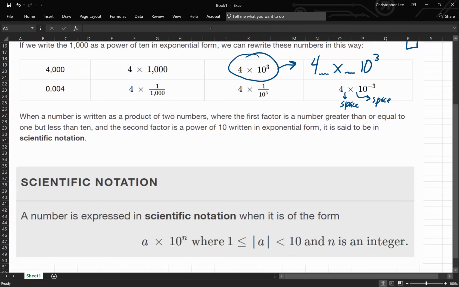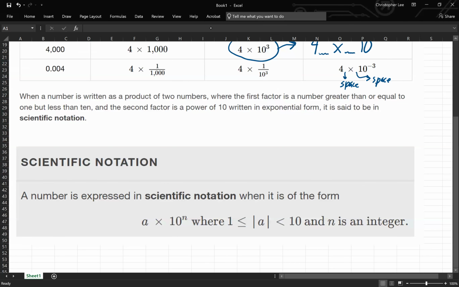So a number is expressed in scientific notation when it is of the form a times 10 to the nth power, where 1 is less than or equal to the absolute value of a, which is less than 10, and n is an integer. A is going to be some number that's less than 10, but bigger than 1. That's all that's saying, right?